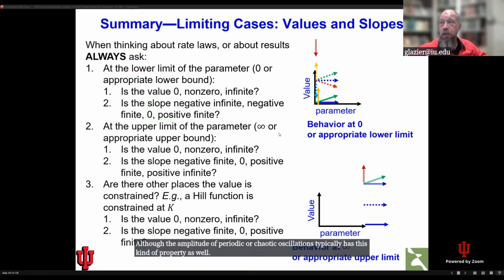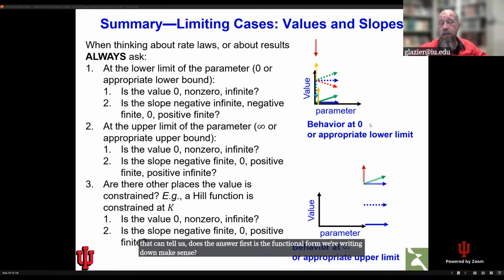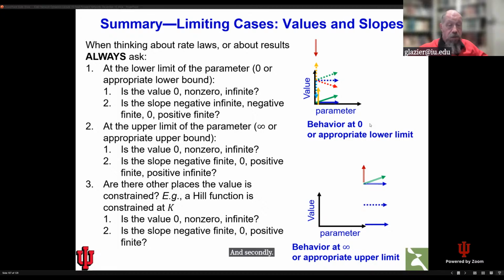And so really we can always ask a question by looking at the limits at zero and infinity. That can tell us, first, does the functional form we're writing down make sense? And secondly, are the answers we're getting making sense?